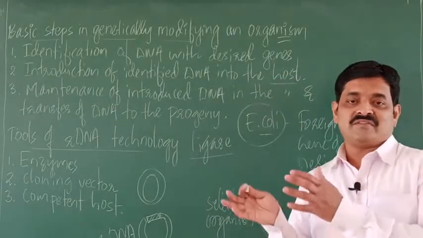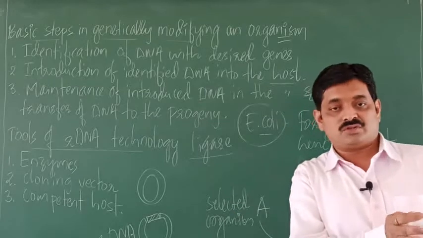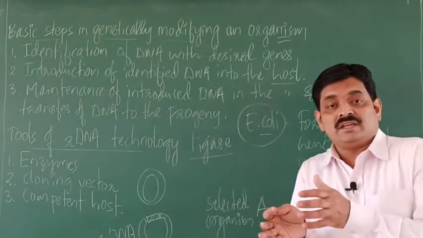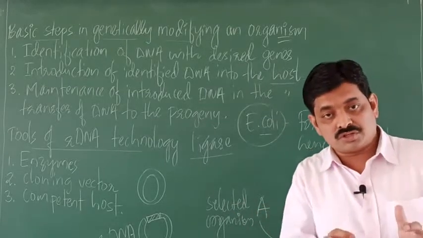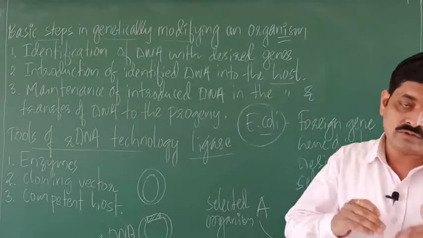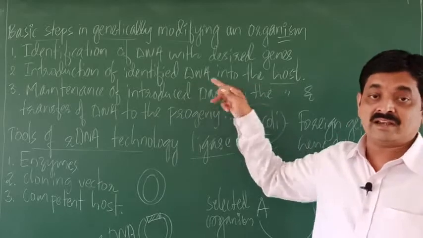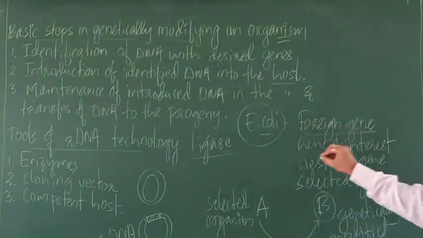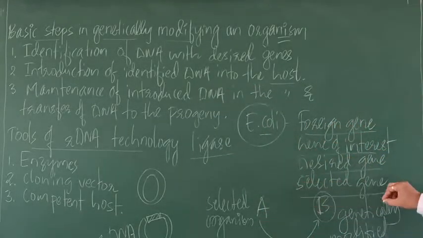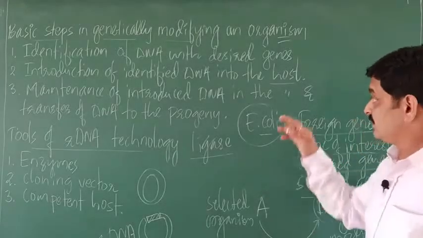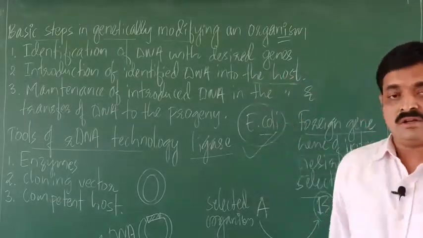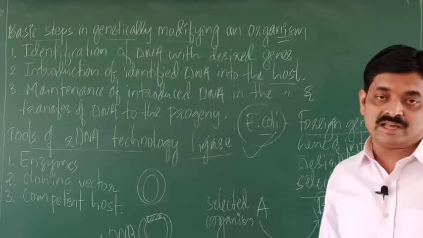So this is how a foreign gene is introduced in the host cell. That is the second step, introduction of identified DNA. Identified DNA means foreign gene, gene of interest, desired gene, selected gene, all are the same, into the host. This is the host, Escherichia coli.